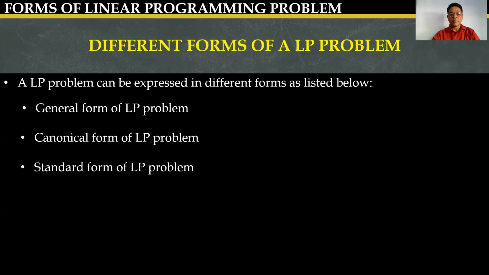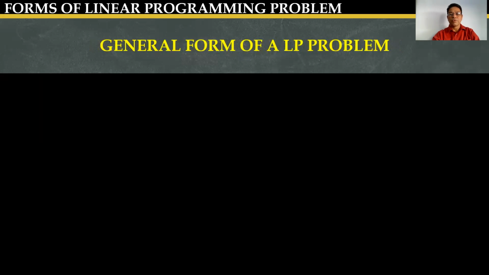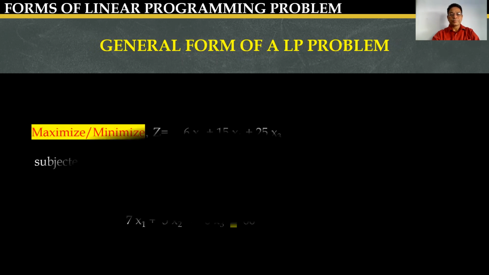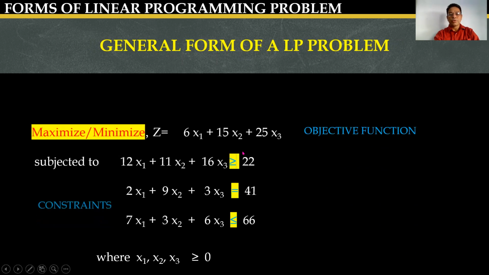So LP problem can be expressed in any of these forms depending on the way in which it is to be solved. First, we will see the general form of a LP problem. Any general form would look something like this. Now, we all know what do you mean by objective function, constraint and non-negativity restrictions. So what is different here?